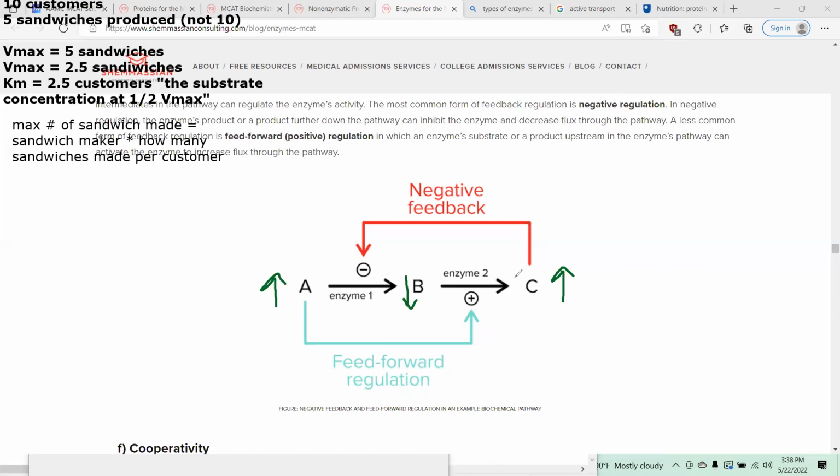And this is going to keep going until C is too high. And when C is too high, it's going to tell enzyme 1, okay, you can stop now. We are at a good spot. So this is how we maintain homeostasis. If we have an overload of A, we turn it into B, and then we turn it into C, and then if we have an overload of C, we stop from overloading C anymore, and then we even out. That's how enzymes and products regulate themselves.